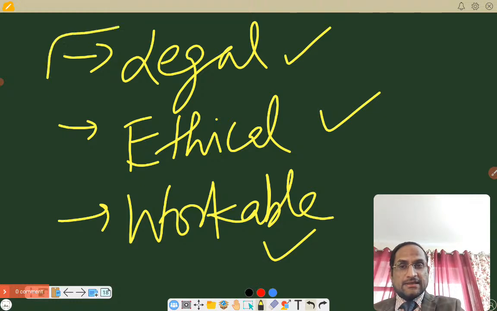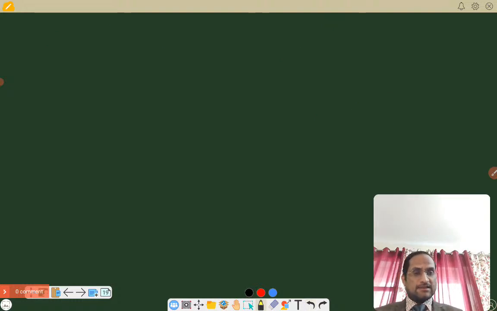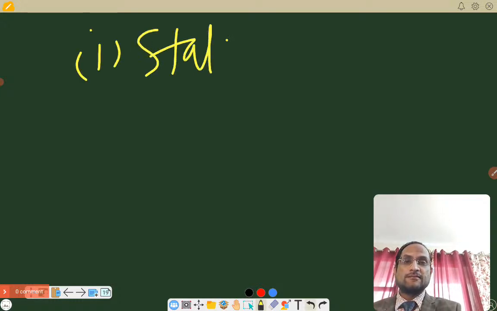If you are following these three aspects in your decision, it is going to fetch you marks. You have to look at these three dimensions when you are taking a decision. While doing the ethical reasoning, what actually are they asking you generally in the paper? First thing is, they are asking you about the stakeholders.